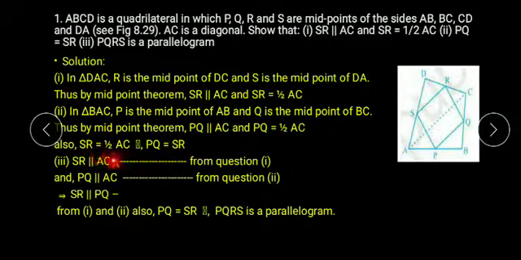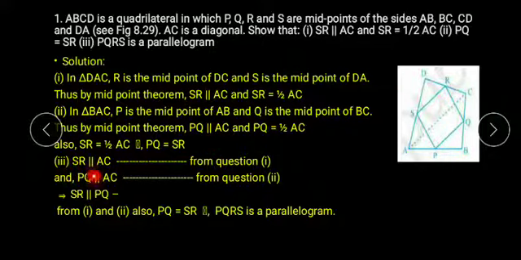Also SR equal to half of AC. In the previous one we have seen SR is equal to half of AC and in the second case we have seen PQ is half of AC. So both equate to the same thing, so we can say directly that PQ is equal to SR.